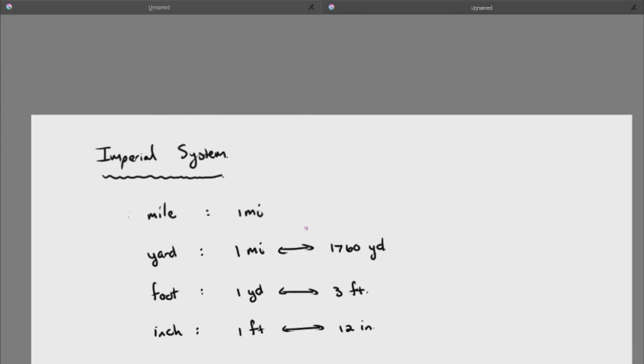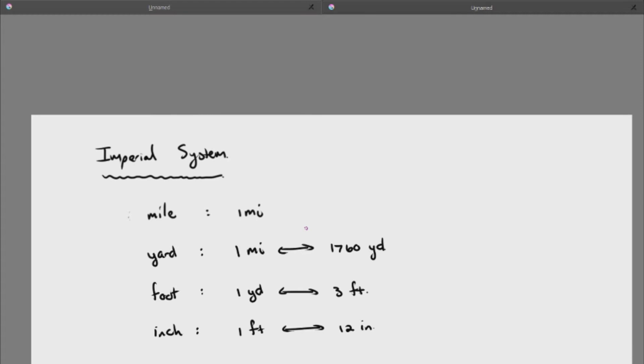So we just want to have a rough conversion, an idea of how these units relate to each other. And then if I go even smaller, where the yard and the foot measurement may not be convenient, I have an inch, where 1 foot is equivalent to approximately 12 inches.